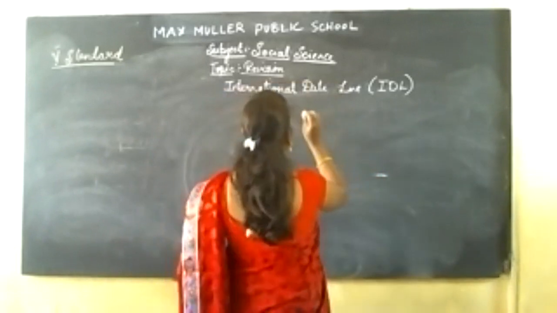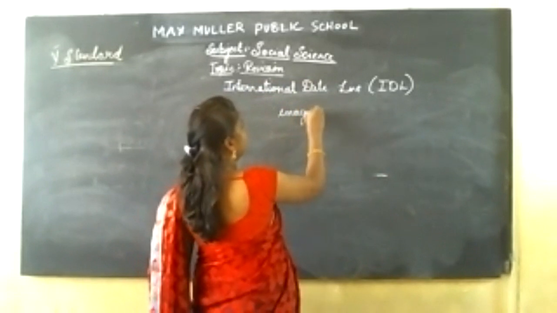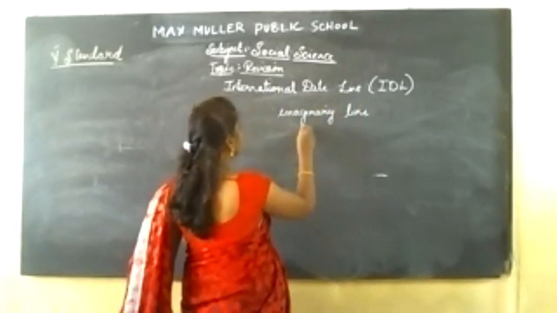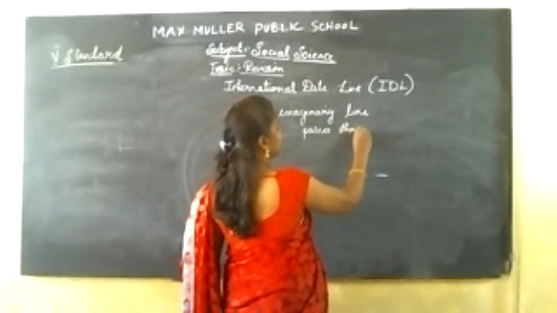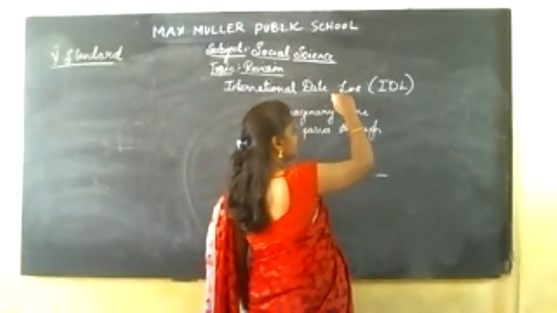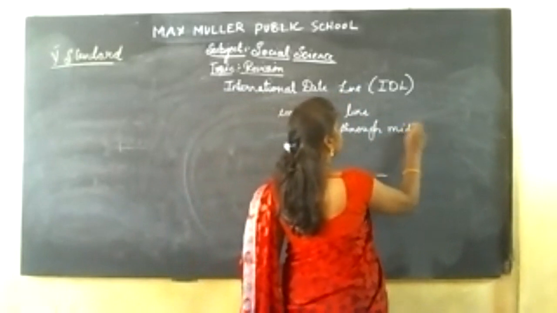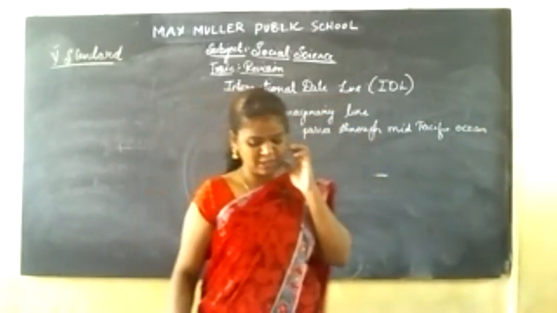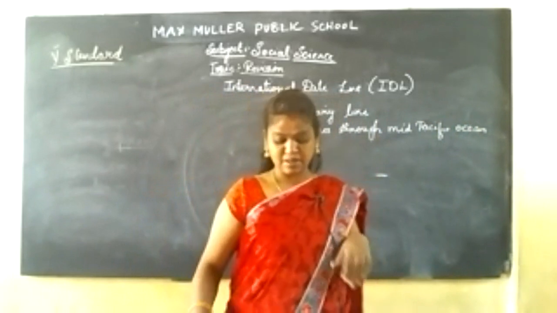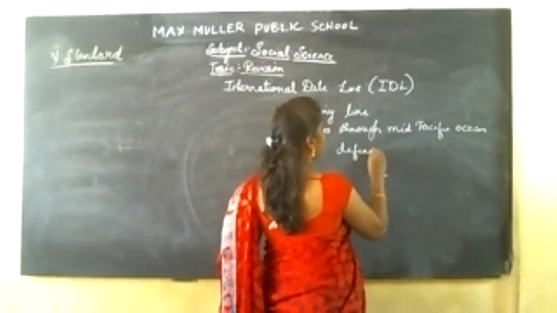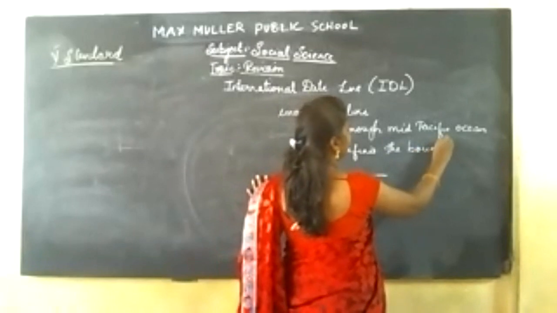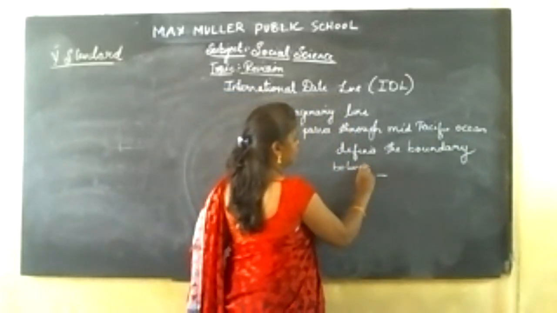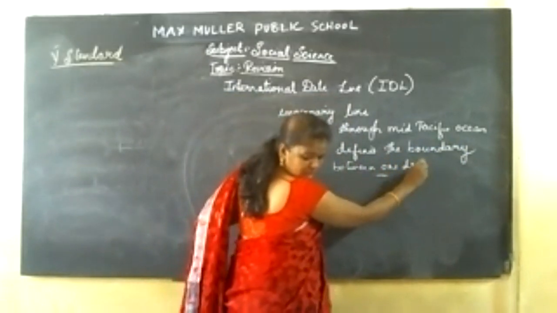So the international dateline is an imaginary line which passes through the mid-Pacific Ocean, where it defines the boundary between one day and the next.